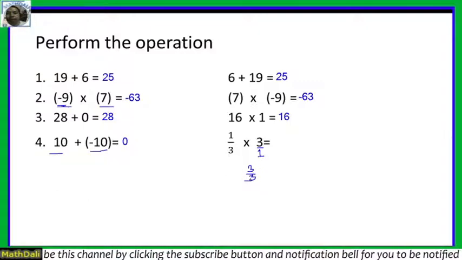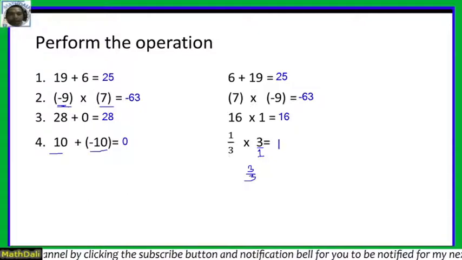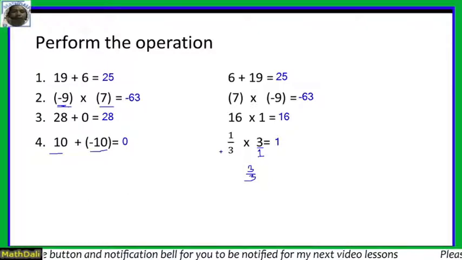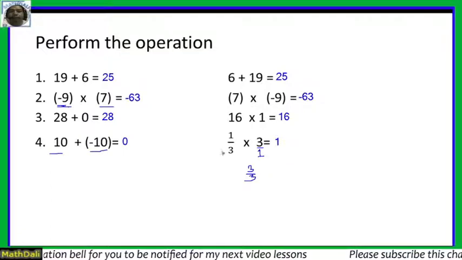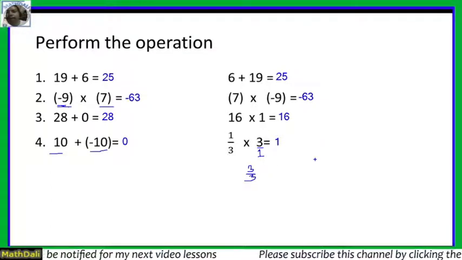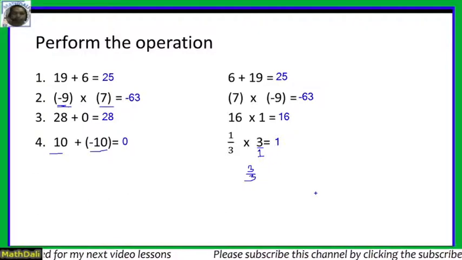And 3 divided by 3, that is equal to 1. So, itong operation ng fraction ay pag-aaralan pa lang natin sa week 5 ng ating aralin or lesson. Ayan yung sagot ng ating homework. Tapos na. Yay!